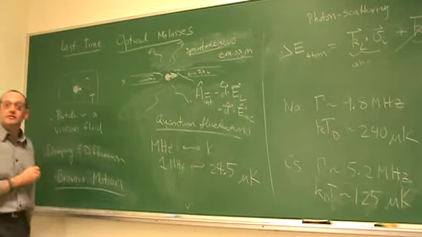The connection between Brownian motion and laser cooling was all the rage in the 1980s, to really try to understand the fundamental description of optical molasses.